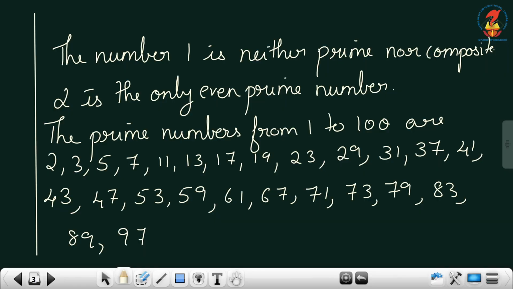Here I have given you the prime numbers from 1 to 100. You have to at least know these prime numbers. In this you can see which are the prime numbers: 2, 3, 5, 7, 11, 13, 17, 19, 23, 29, 31, 37, 41, 43, 47, 53, 59, 61, 67, 71, 73, 79, 83, 89 and 97.